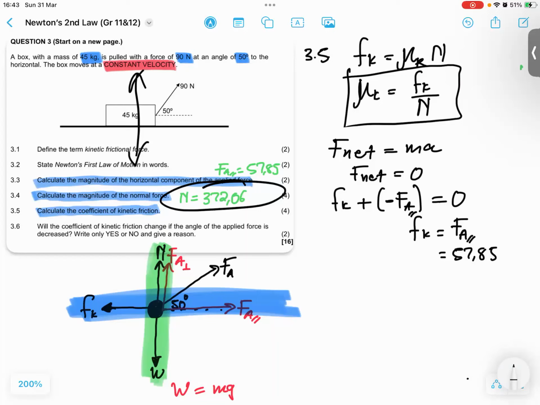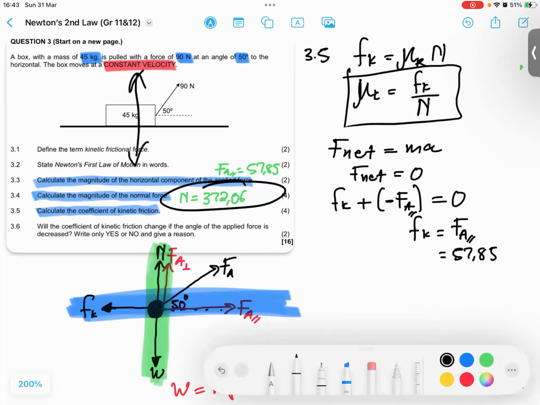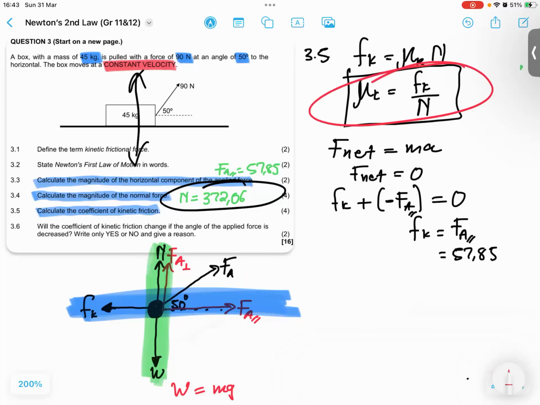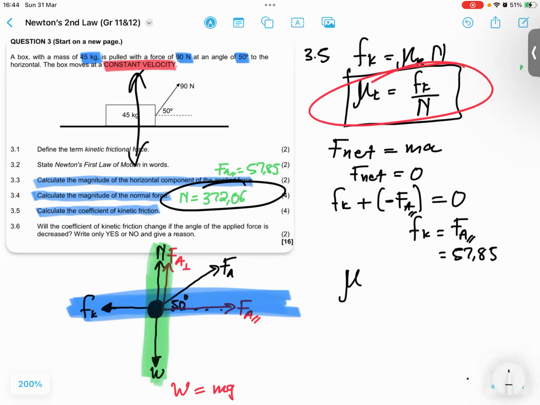So in this case, we now have our Fk, which we're going to use in this equation here, because we already have the normal force, in order for us to calculate the coefficient of kinetic friction. The coefficient of kinetic friction here is the Fk, which is the kinetic frictional force, over the normal force.